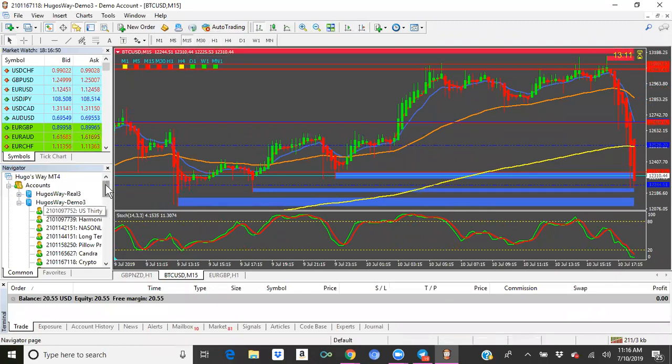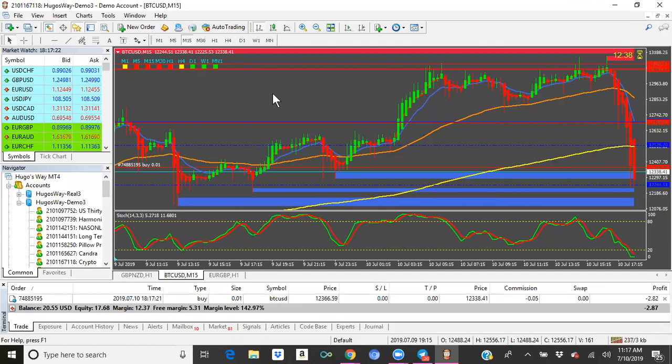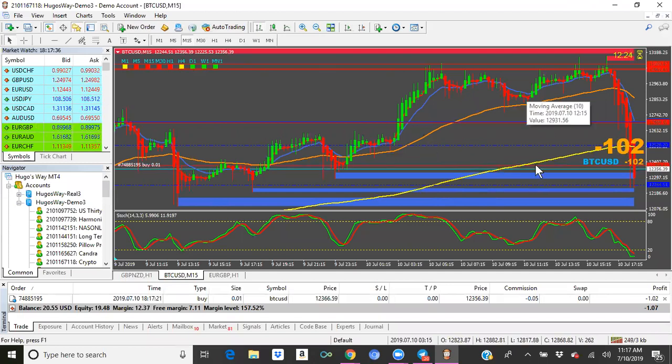I'm going to enter a buy. So we shall see on this here with Bitcoin. These are buy areas right here.